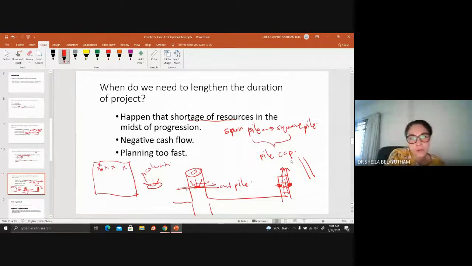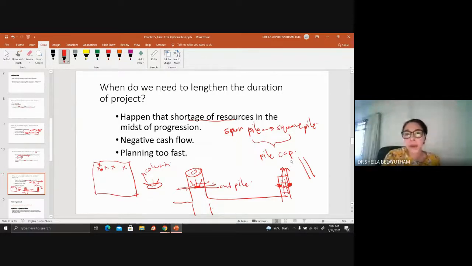Why am I mentioning this? Spun pile is not much in the market. Square pile does not require that much of a high-technology factory. It is just a pile, not pre-stressed, just concreted, so it's very much easier to manufacture. Spun pile is much more difficult to make and requires higher capital.